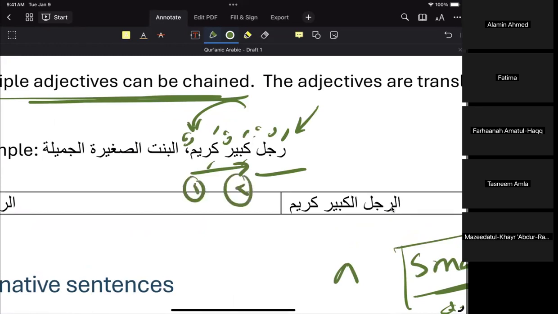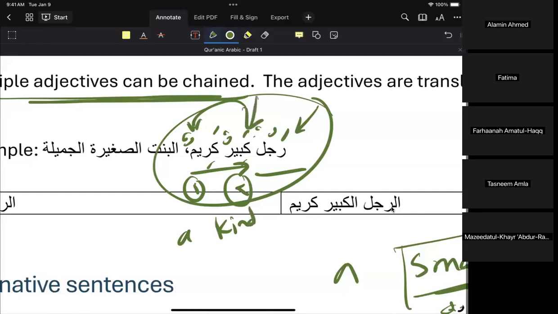So this is a little bit tricky thing that you need to know. So a proper translation of this would be a kind big man. Although Kabir comes first, Rajulun Kabirun and Karimun, you will translate a kind big man. So the kind comes first. Okay, this is a subtlety that you need to know.